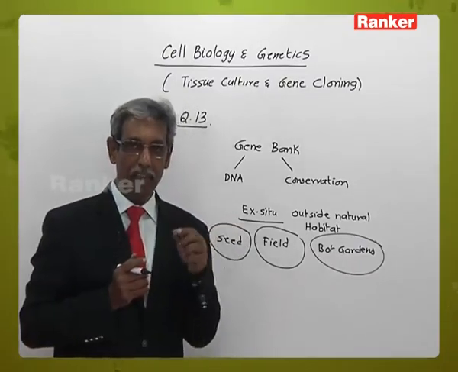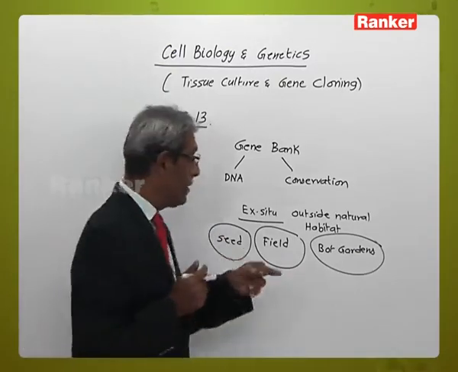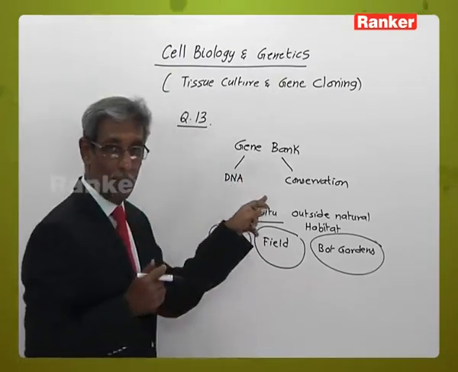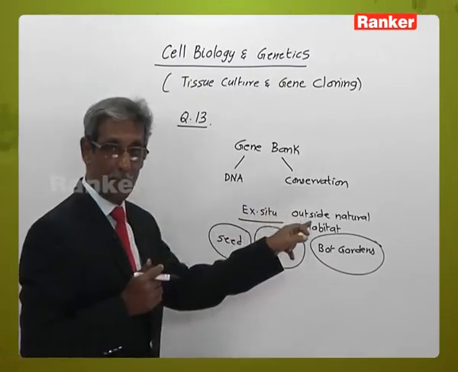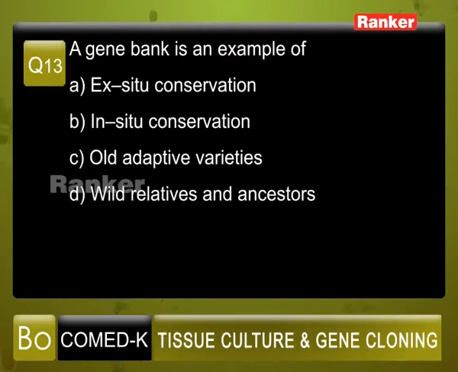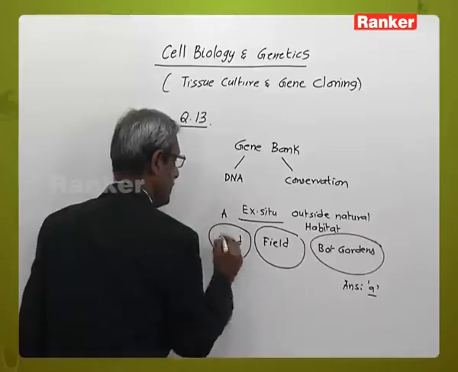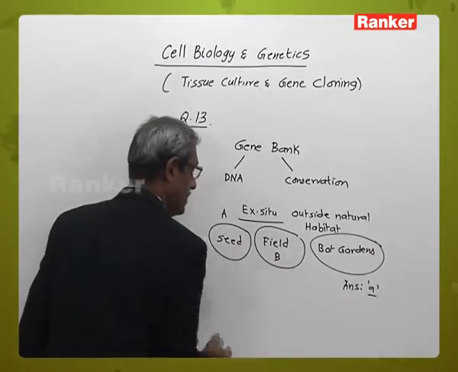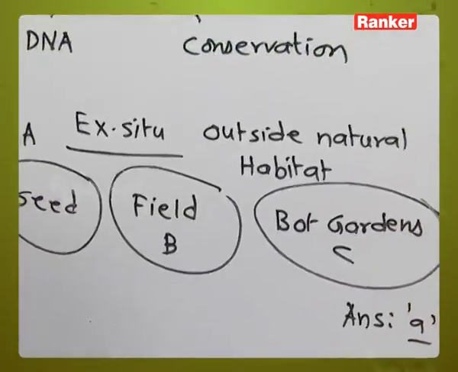It will not just be a collection of wild varieties and ancestors. Hence, when you say gene bank, it primarily relates to ex situ conservation, or outside the natural habitat. Hence, the answer is A. And it includes seed bank, field gene bank, and botanical gardens.